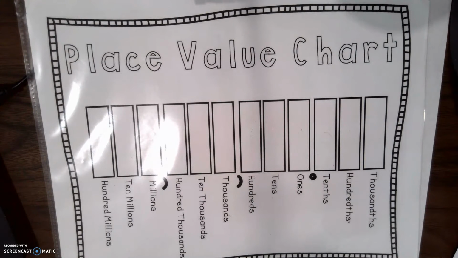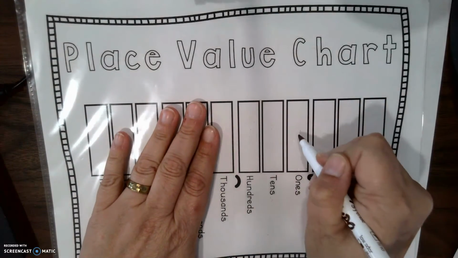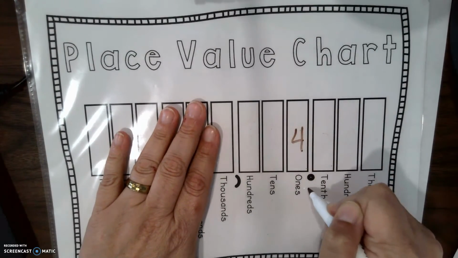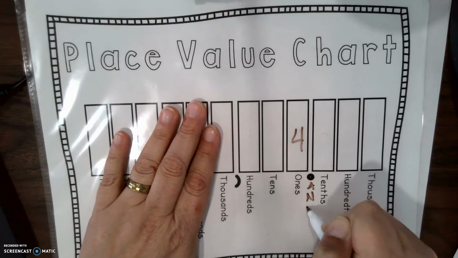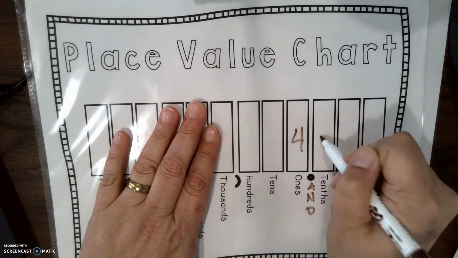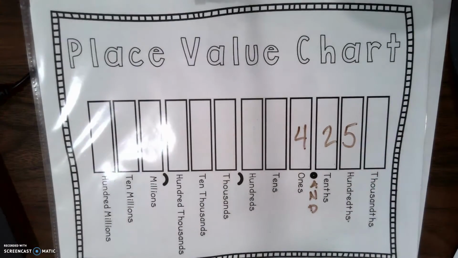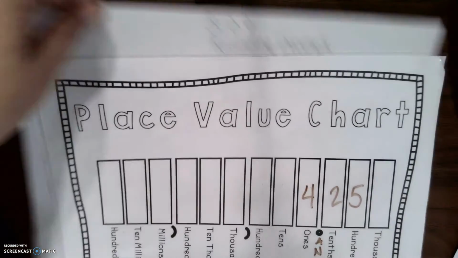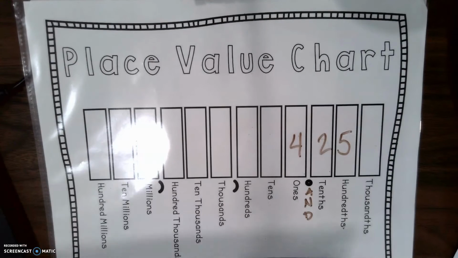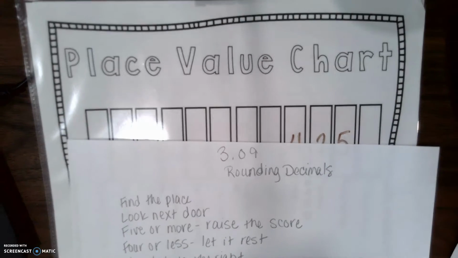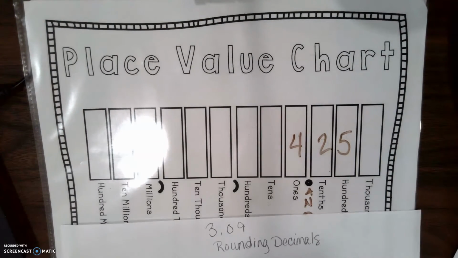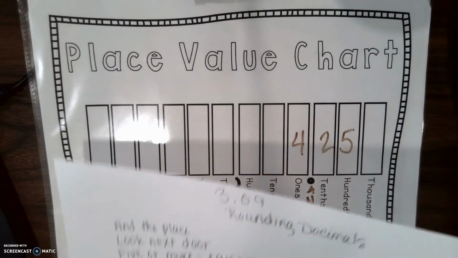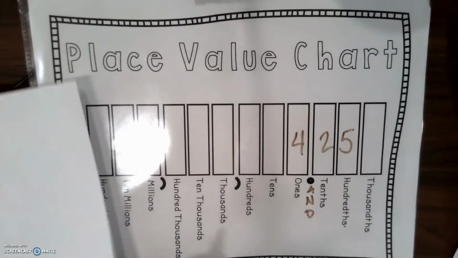I'm just going to make up a number. 4 and, we don't say point, 4 and 25 hundredths, okay? Well, let's look at our poem to follow the steps. We find the place, which is the tenths spot.